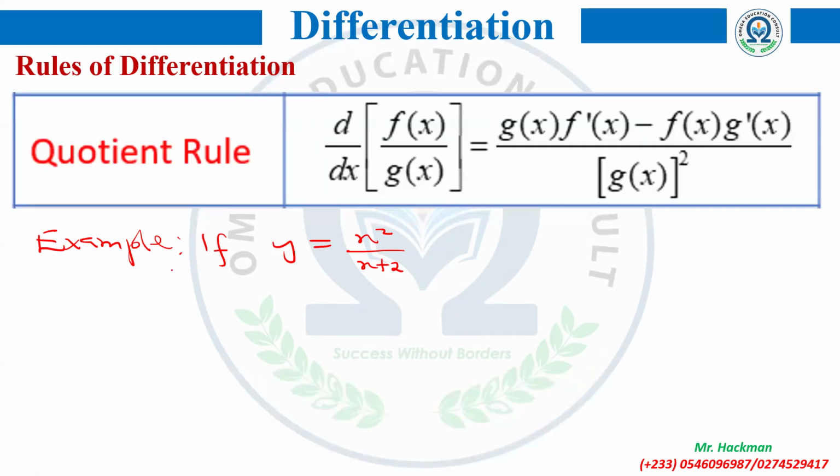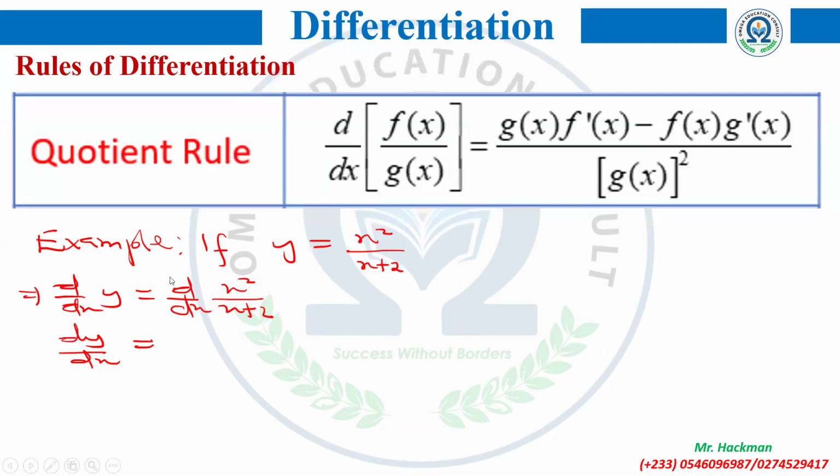How do you differentiate? So this is what we are going to do. It implies that d dx of y will be equal to d dx of what we have here, which is x squared over x plus 2. So d dx of y will give us dy dx. As you mature, you can write it straight away. And that will be equal to, here my operator is affecting a quotient of functions.